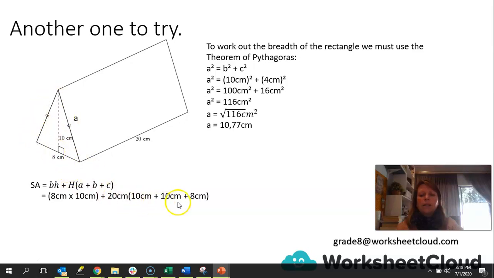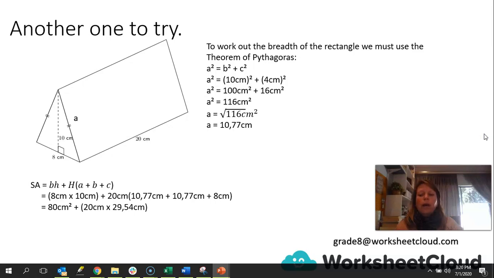So it's 10 plus 10 plus 8. Just one moment. Sorry, I just figured out the mistake that I had made. It's not 10 centimeters, it's 10,77. That was the whole point in working out A. So 10,77 plus 10,77 plus 8 from that base, and we are going to add those all together.